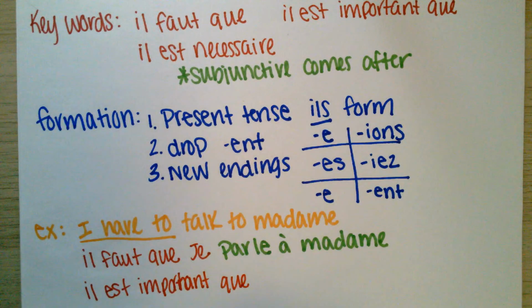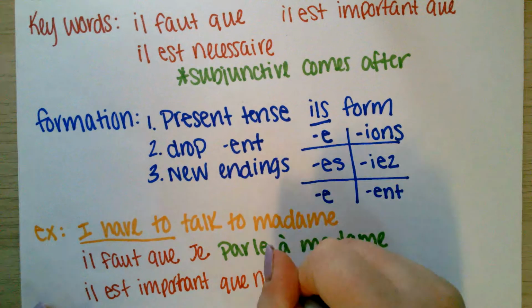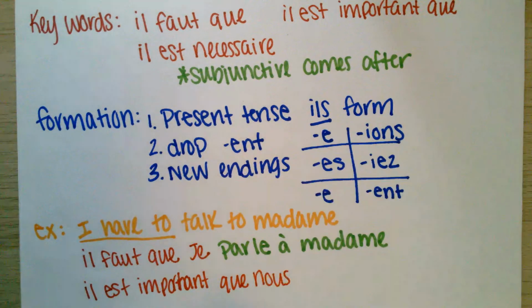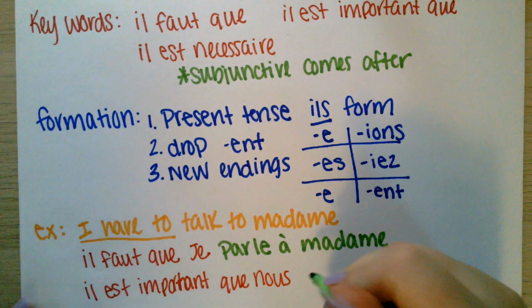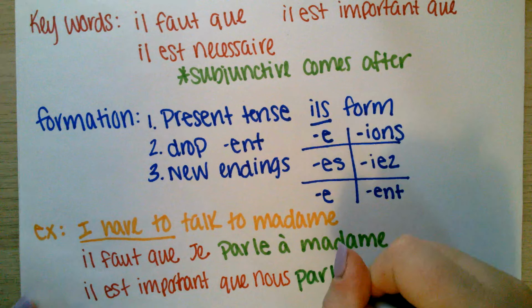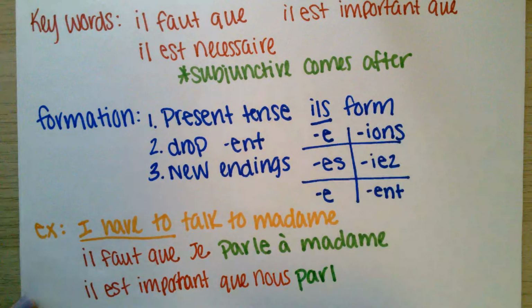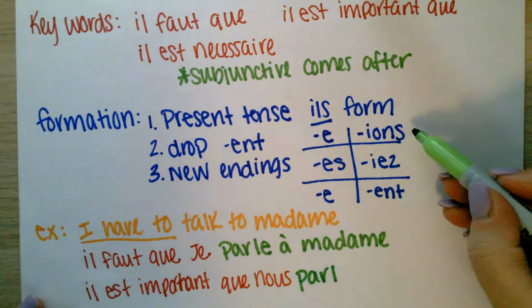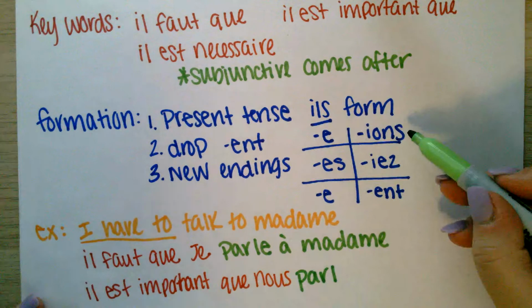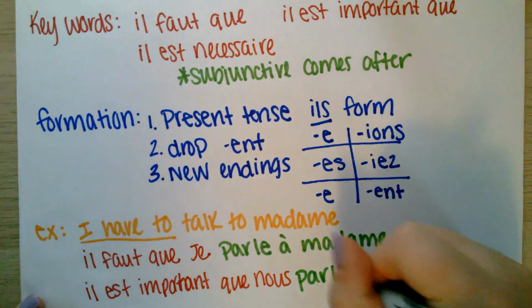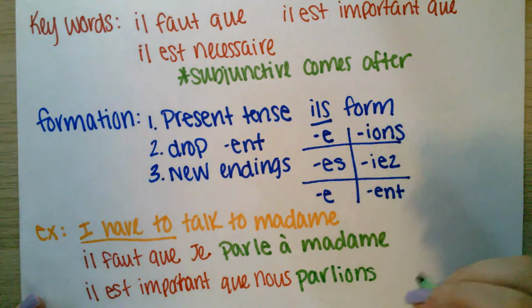Now we need our subject, so nous. Now our verb. Write down your stem. Now we're going to add on our new ending, which is ions, I-O-N-S. Que nous parlions à Madame.